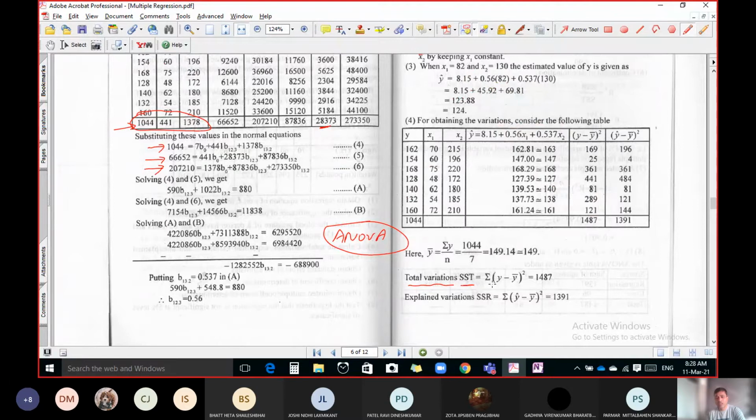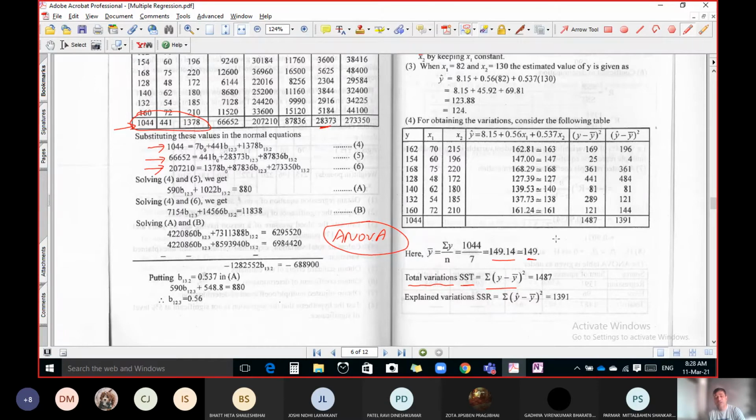How to obtain total variation? This is the formula: sigma y minus y bar the whole square. Here our dependent variable is y. So take the total of y and divide by the number of observations, and we get y bar, that is 149.14.